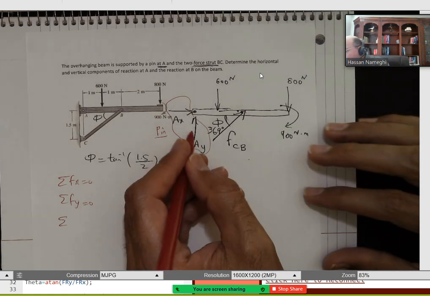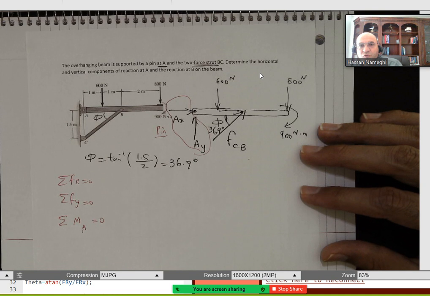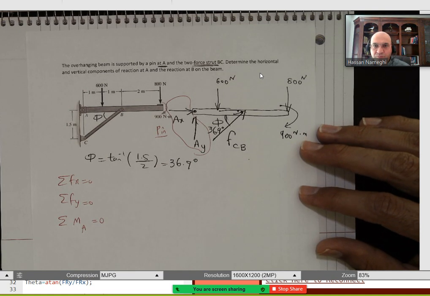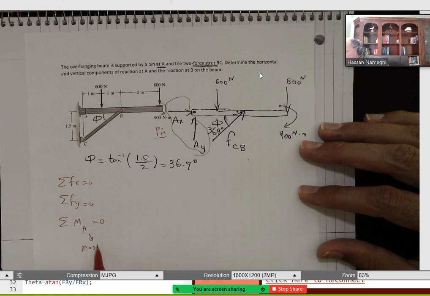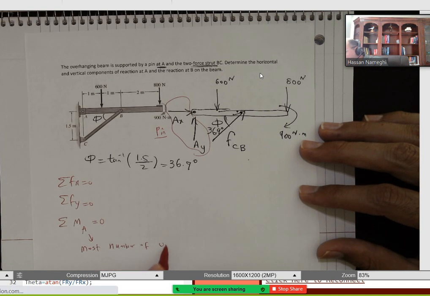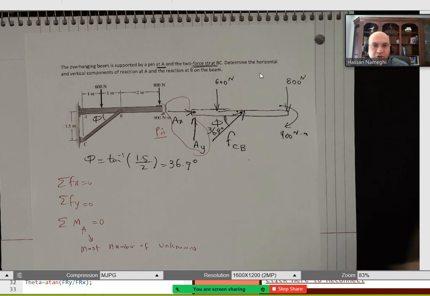If I do moment about point A, that's perfect. I told you moment about any point is 0. I'm going to select point A because it has the most unknowns. So now I can write the equation for equilibrium and solve it.